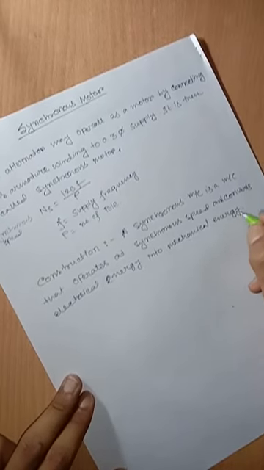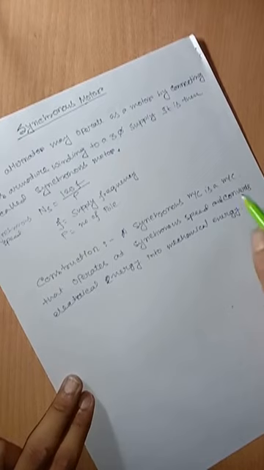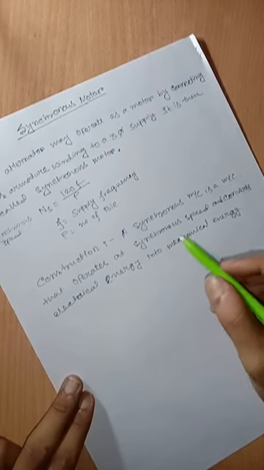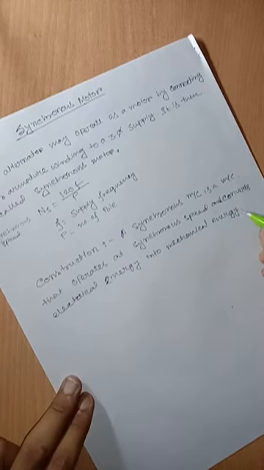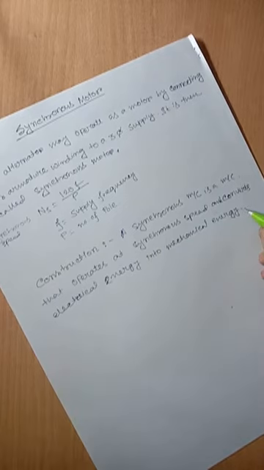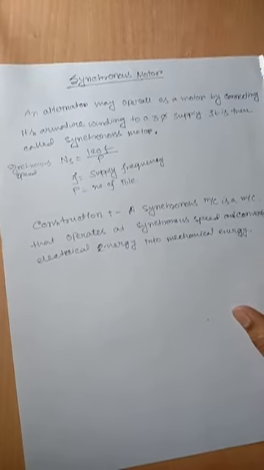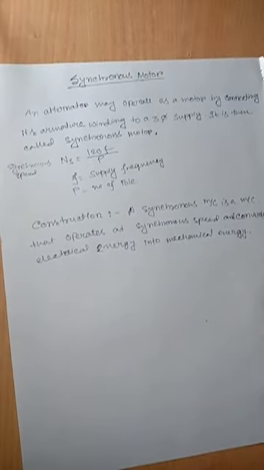It is the nature of the motor. So a synchronous machine is a machine that operates at synchronous speed and converts electrical energy to mechanical energy. It is generally an alternator that works like a motor.